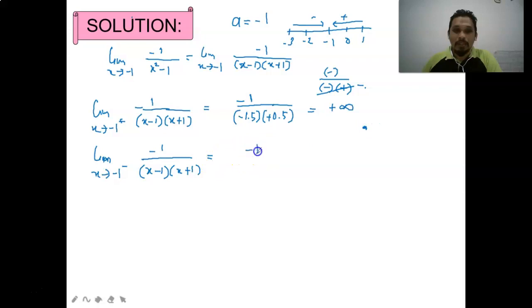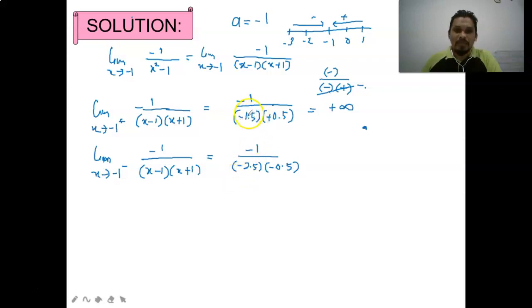Negative 1.5 minus 1 gives you negative 2.5, okay, negative, and negative 1.5 plus 1 gives another negative 0.5.